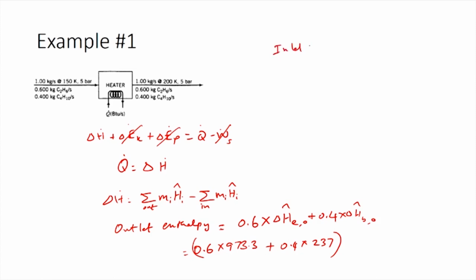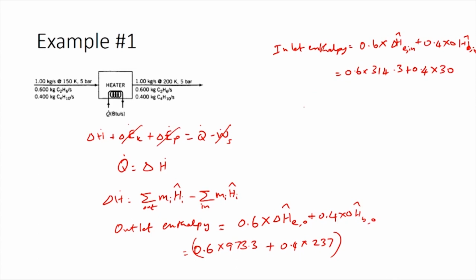Inlet enthalpy will be equal to 0.6 times ΔĤ of ethane in the inlet plus 0.4 times ΔĤ of butane in the inlet. So, this would be 0.6 times 314.3 plus 0.4 times 30.